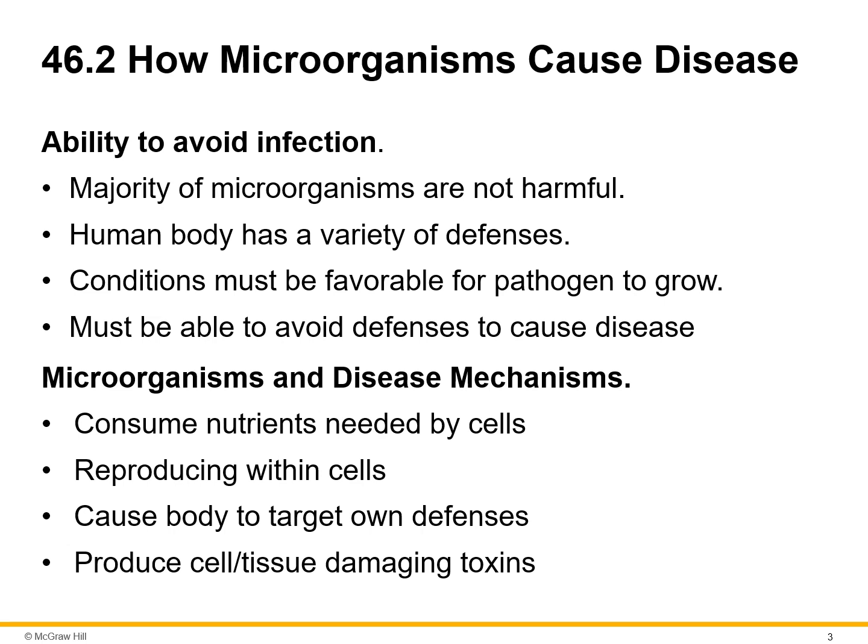So as long as we are able to intervene, we won't end up with some kind of disease or illness. If not, it is going to set up, replicate, and then we're going to get ill.